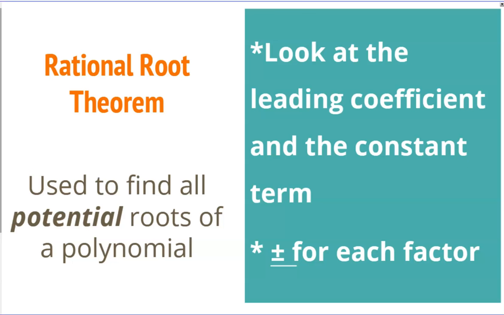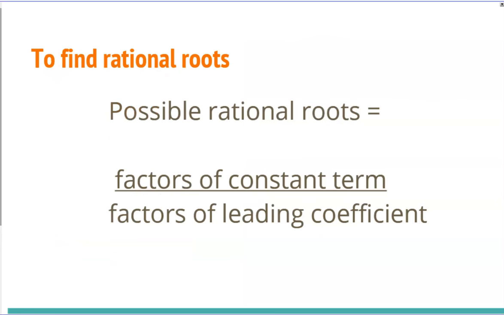To do that, we're going to take the leading coefficient, which is the very first number attached to our highest degree, and the constant, which is at the very end. We're going to find the factors of each. So we'll do all the factors of the constant term, the number on the end, and divide each of those values by all of the factors of the leading coefficient. And remember, we are doing the positive and negative of each.